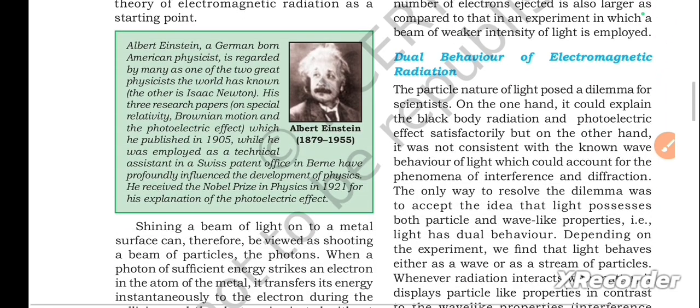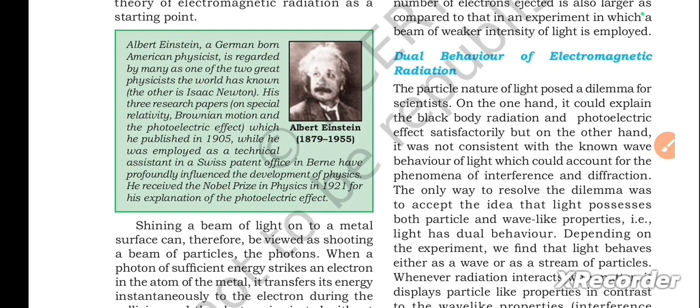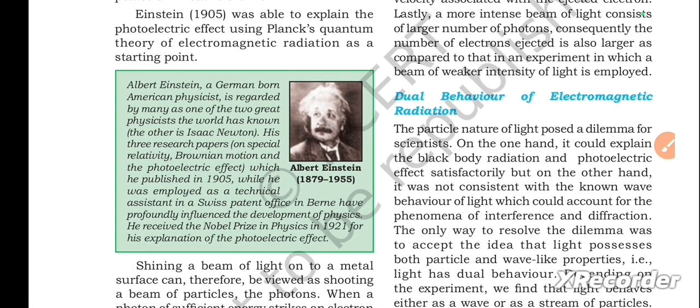So here is a box about Albert Einstein. Albert Einstein, a German-born American physicist, is regarded by many as one of the two great physicists the world has known. The other is Isaac Newton.